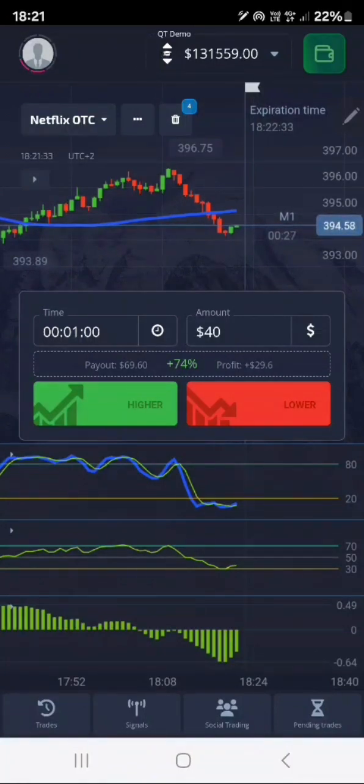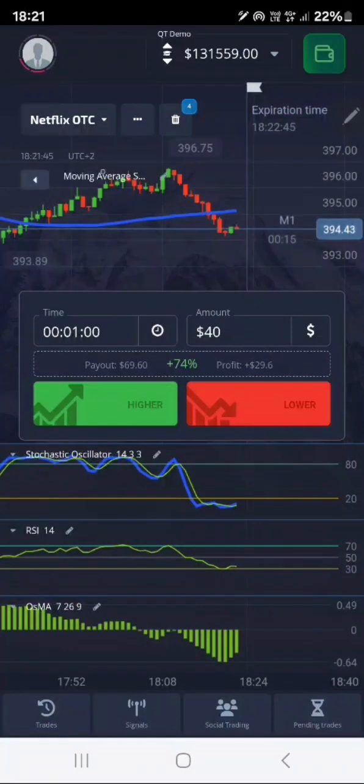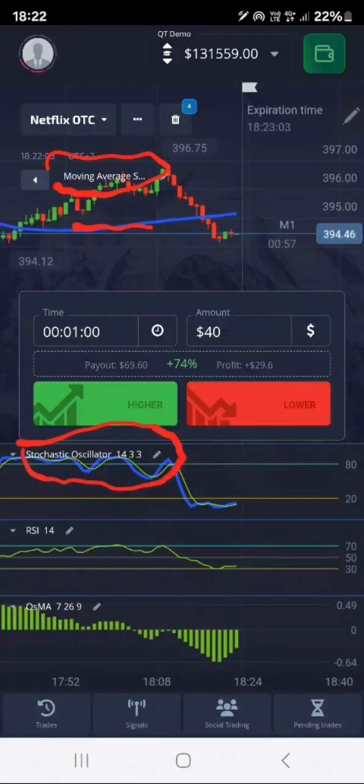So what you do, you need three indicators. It's not so much complicated. You need a moving average. This is the blue line, which is called moving average. And then the second thing you need, you need secondly stochastic oscillator.